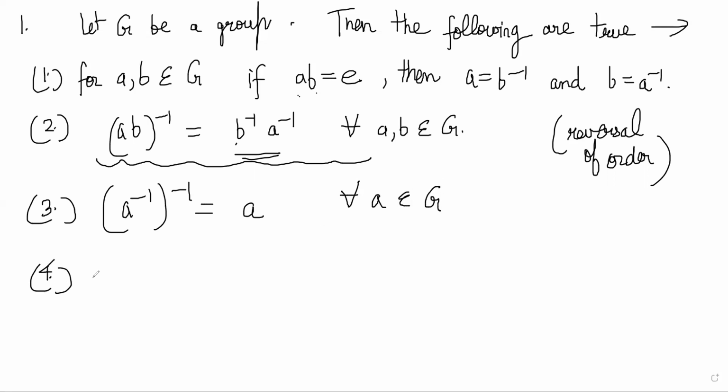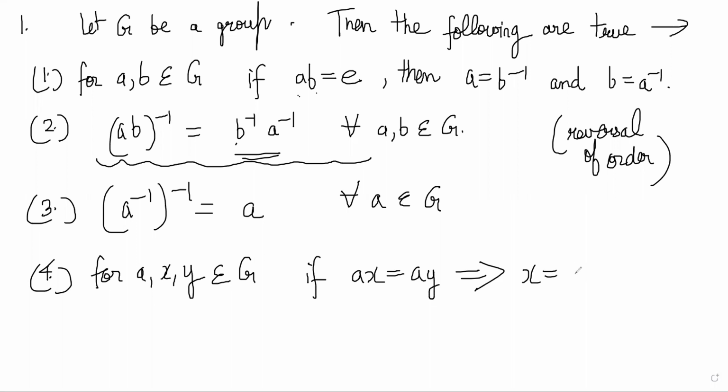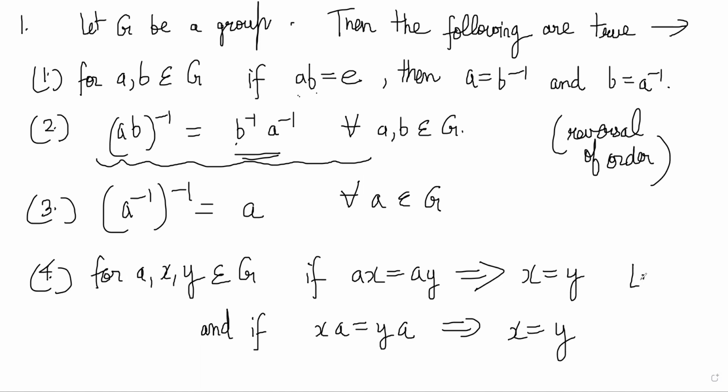And the fourth property is, for A, X and Y belonging to G, if AX is equal to AY, it implies X is equal to Y, and if XA is equal to YA, it implies X is equal to Y. So these are what are called our left and right cancellation laws.